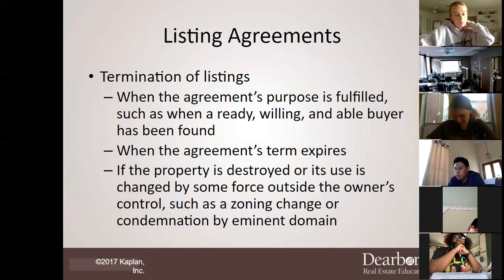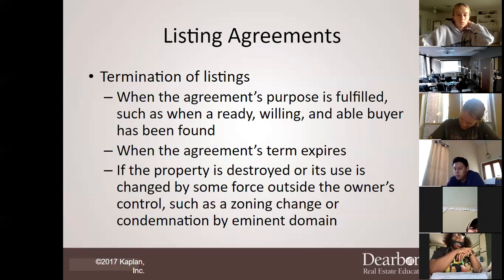Termination of listings. That's when the agreement's purpose is fulfilled, such as when a ready, willing, and able buyer has been found. Like I said, ready, willing, and able. Key. When the agreement's term expires, that's another termination of a listing.